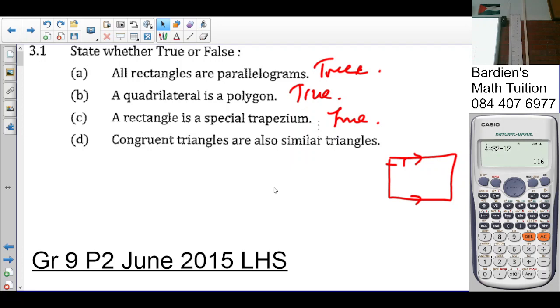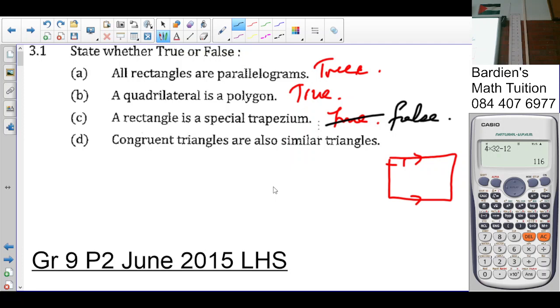False. Okay, so we'll go with false. But why? Only one pair of sides are parallel in a triangle. But is that a rule not evident in a rectangle? Right, I don't know, so let's go with false then.